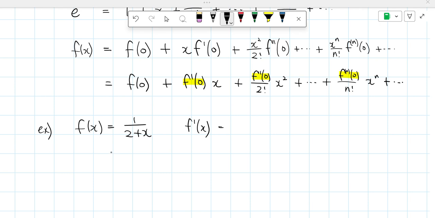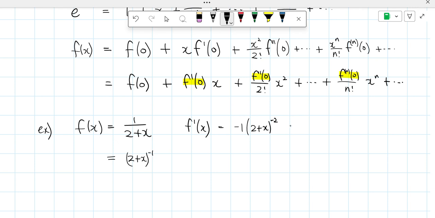Well, 1 over 2 plus x is basically (2 plus x) to the power of negative 1. What happens if I differentiate that? I get negative 1 times (2 plus x) to the power of negative 2. Is there any chain rule for this? Luckily, no. Well, there is, but it's multiplied by 1.